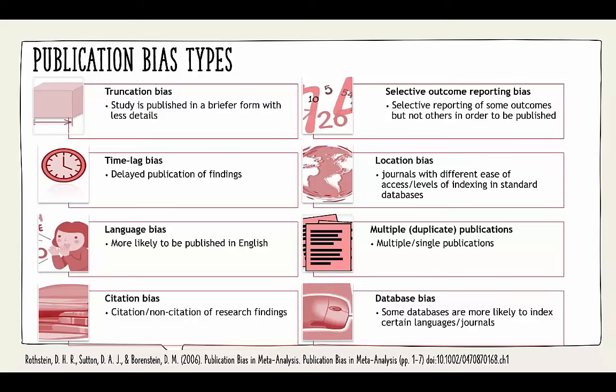So this is what we see when we think about the different publication biases. There are different things that can happen along the way. Maybe it doesn't get published in a journal that's indexed in Medline. Maybe it's in a different database, a smaller database, something like that. Maybe it doesn't get published in English. Maybe there's a big delay between when they did it and when it finally gets published.